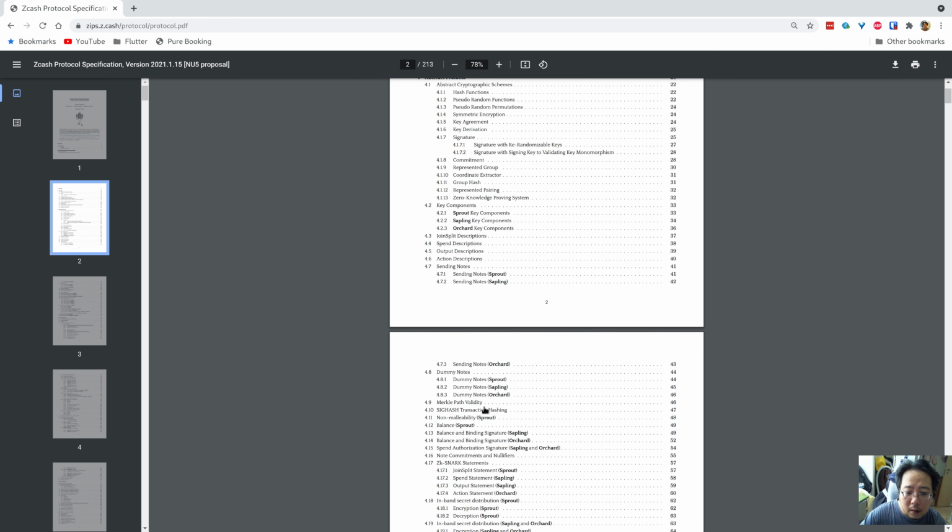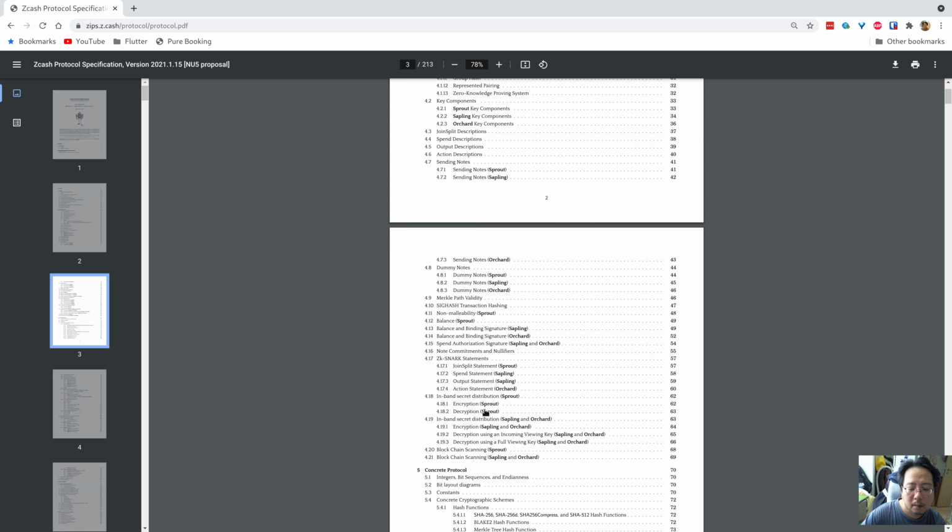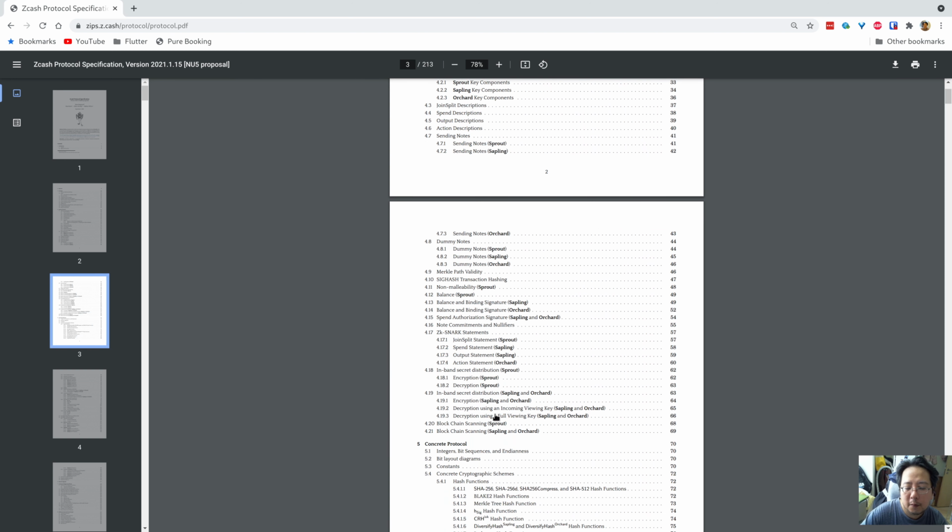So in the model of Bitcoin and Zcash, the most important things that you really have are the amount and the destination. In Bitcoin, the destination is actually a script, but for all intents and purposes, the script for the most part is associated to an address.